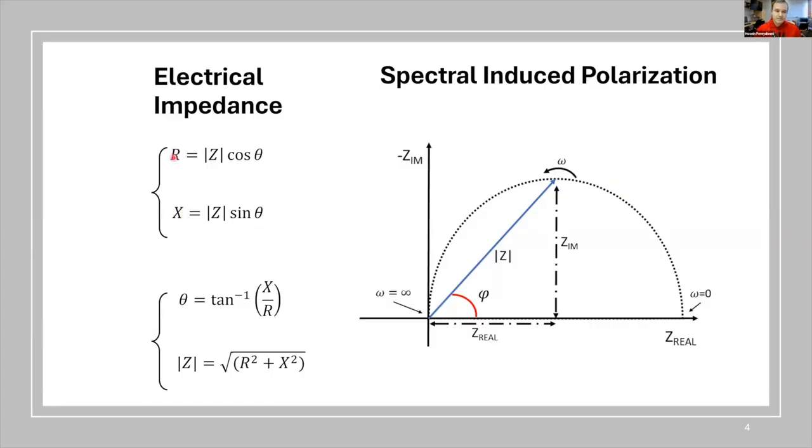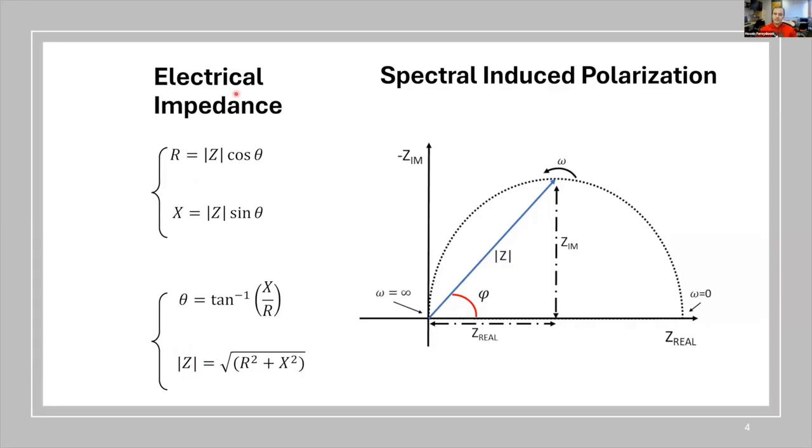So by having the real and the imaginary part of a circuit or a material, we can define the electrical impedance for that material. For each pair of real and imaginary parts, we can calculate the phase angle, the difference between the real and the imaginary part, and we can calculate the impedance magnitude.